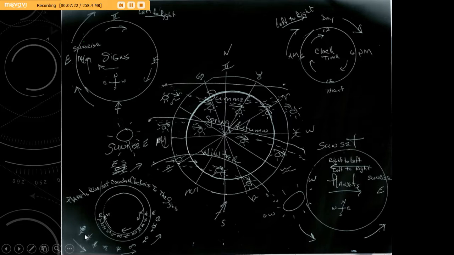When you get into those, you'll notice that they all travel through the signs in degrees, minutes, and seconds. So there's a lot in this picture that you're seeing. Planets rise and set counterclockwise to the signs.